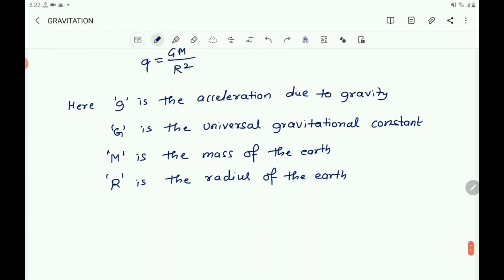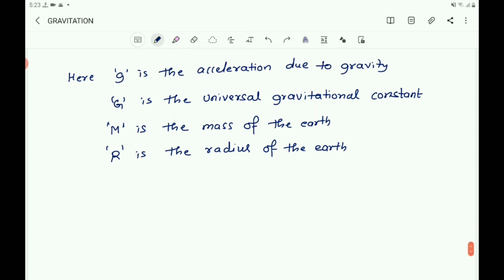So here you can say that the value of g decreases with the height of the object from the surface of the earth, and also the value of g decreases with the depth into the crust of the earth, and also the value of g does not depend on the mass of the object.